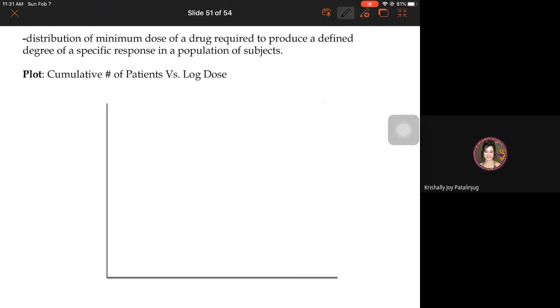So here, we are looking more at the population dynamics. Again, in the quantal dose response relationship, we are much more concerned with the population dynamics, the quantal dose effect, or the all or none dose effect.